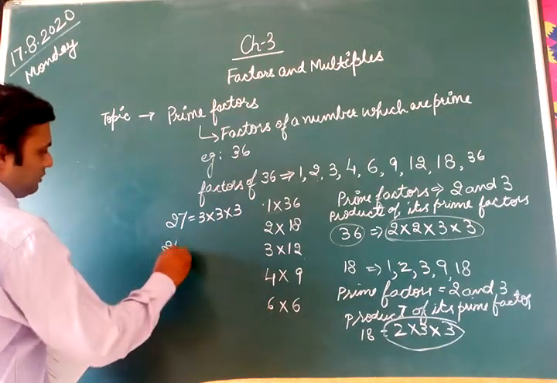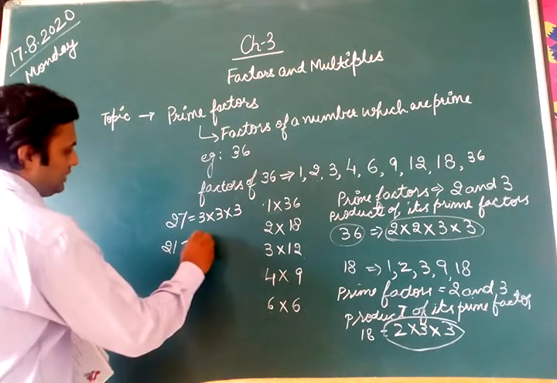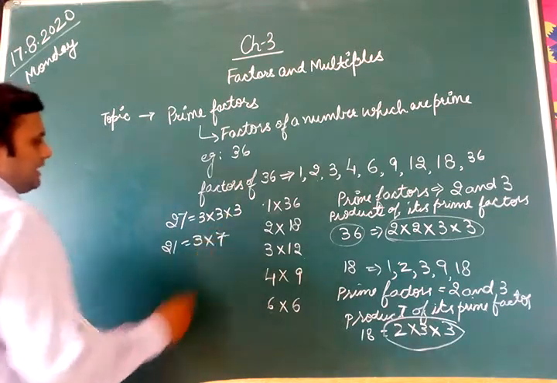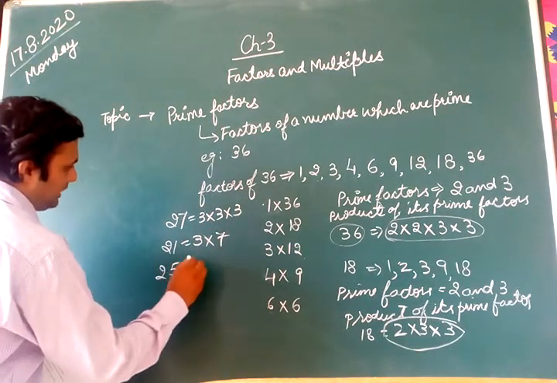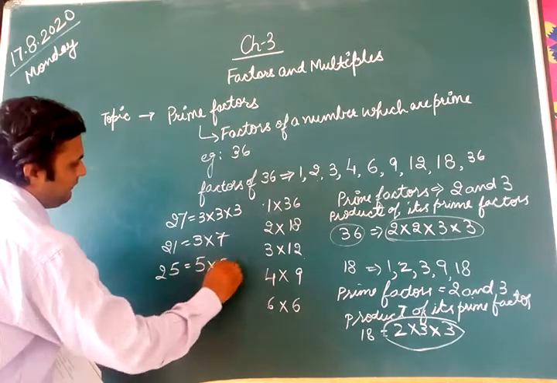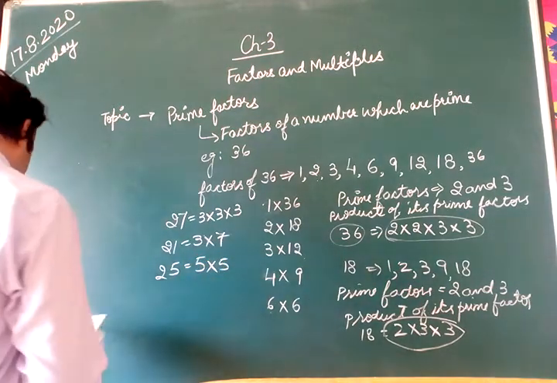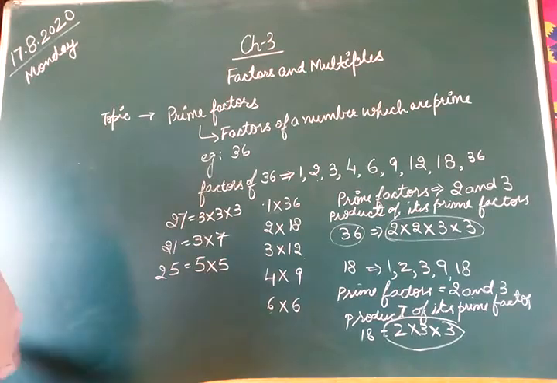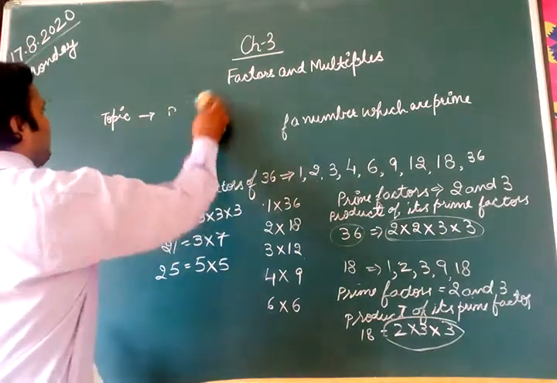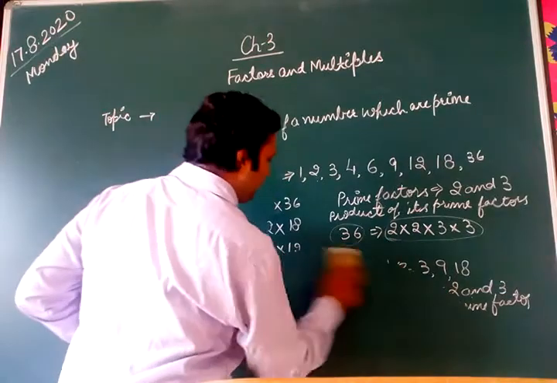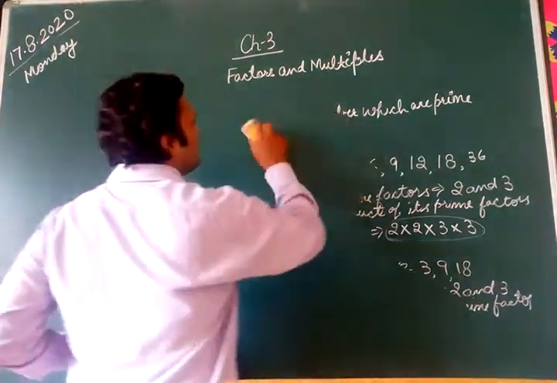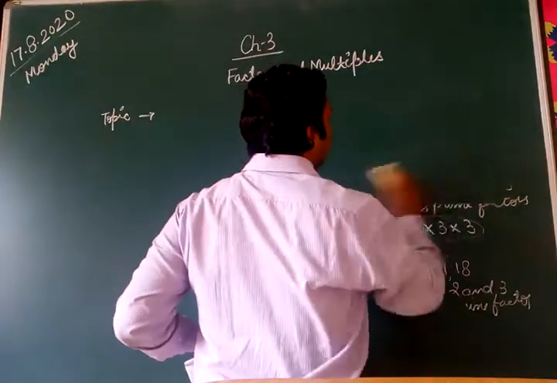If we talk about 21, the prime factorization of 21 is 3 multiplied by 7. If we talk about 25, the prime factorization is 5 multiplied by 5. So this is the prime factorization. Next we will discuss the co-prime.